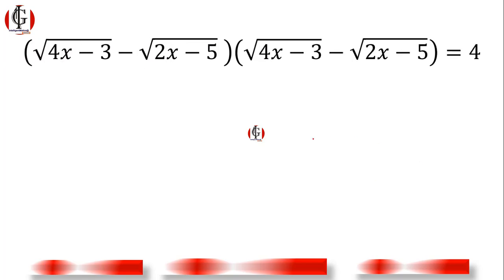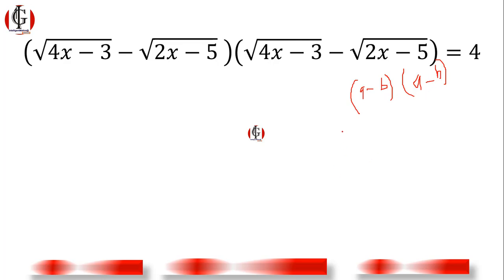We have a minus b in brackets times a minus b. To open this bracket, we use term by term: a multiplies what is here, and minus b multiplies what is here.